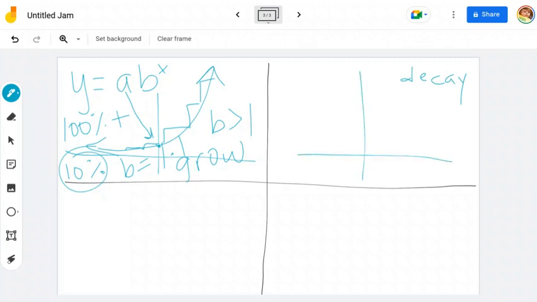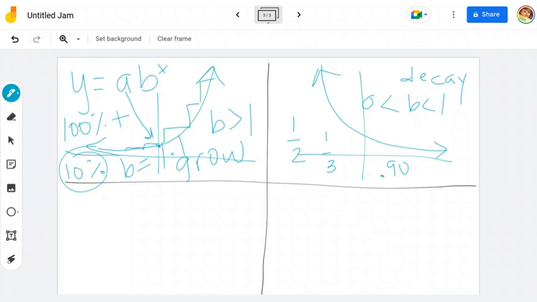As we talked about yesterday, the only way to get an exponential to decay is if the base is a fraction. So the base has to be between 0 and 1, like 1/2, 1/3, 90%.